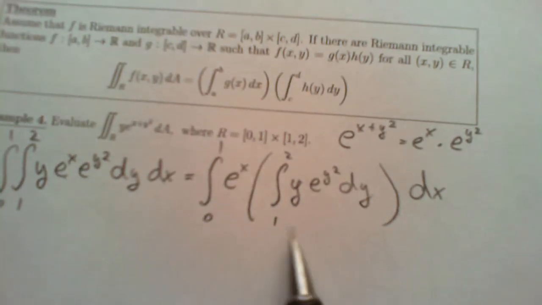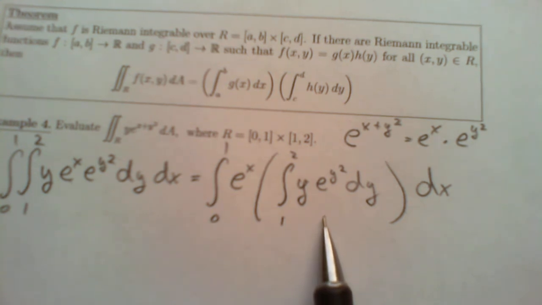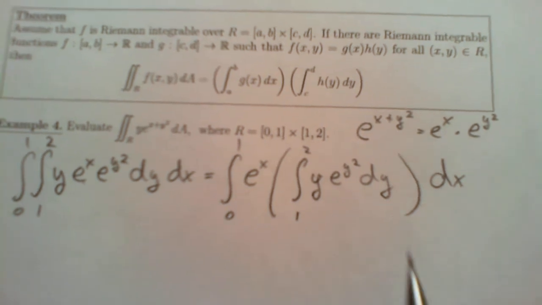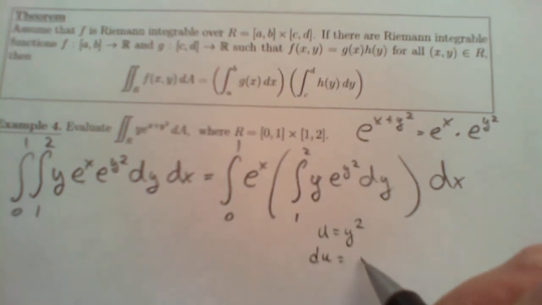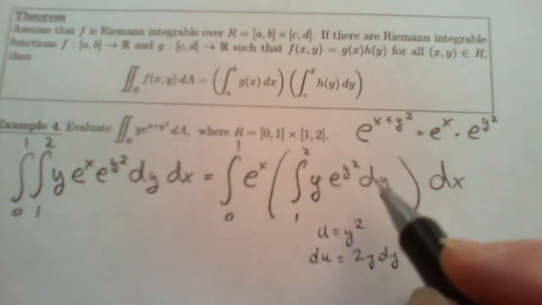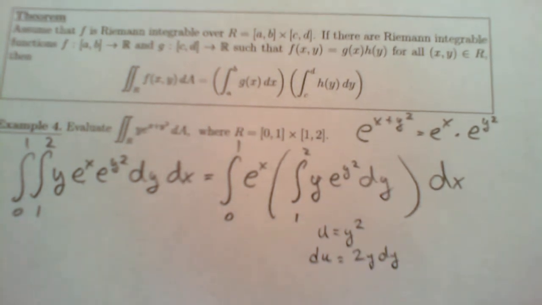This integral here is a Calc 1 integral with the u substitution of u equals y squared. So you do u equals y squared, du is 2y dy.